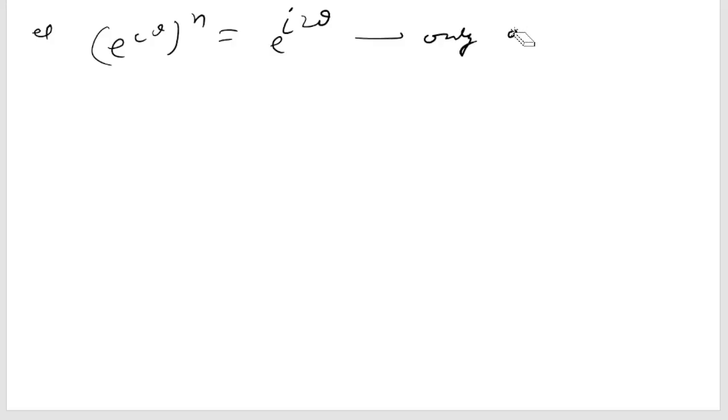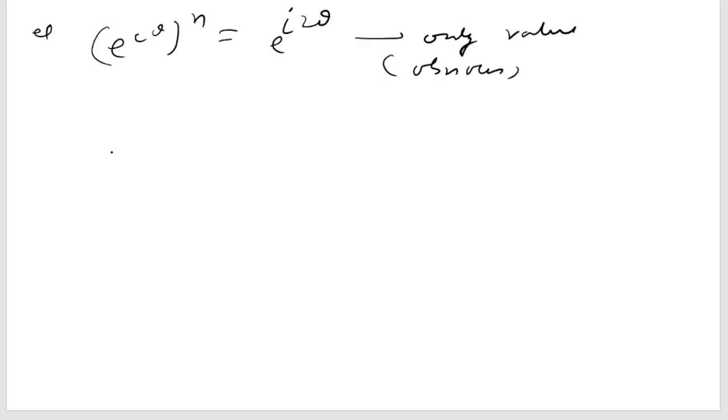Let's say directly the Euler form, (e to the power i theta) to the power 2 is e to the power i 2 theta. This is only one value, and this is obvious.